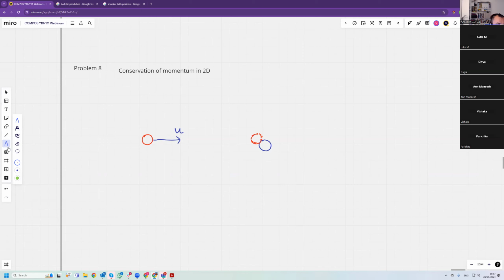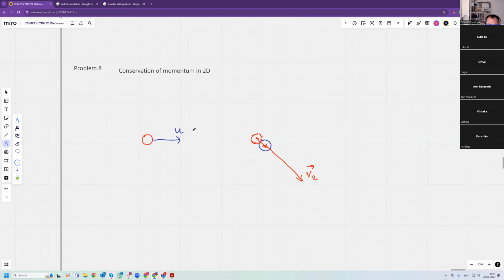As you can see, the contact point is here. That means there's a normal force between them. It's pushing this ball this way and this ball this way. As a result of that force, the blue ball starts to move in the direction of that force. So this is V2.